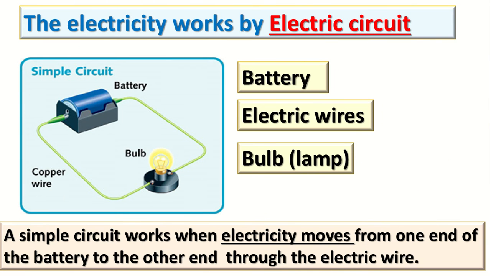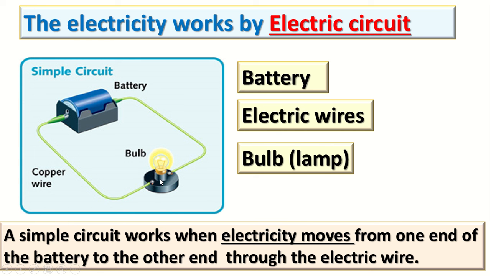Okay, if now I get the electricity and I want to make this lamp work, I have a lamp and I have electricity and I want it to work. I have the battery as a source of electricity, and I have a lamp.